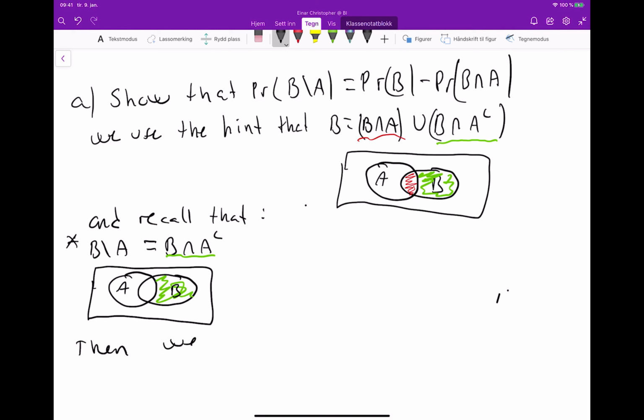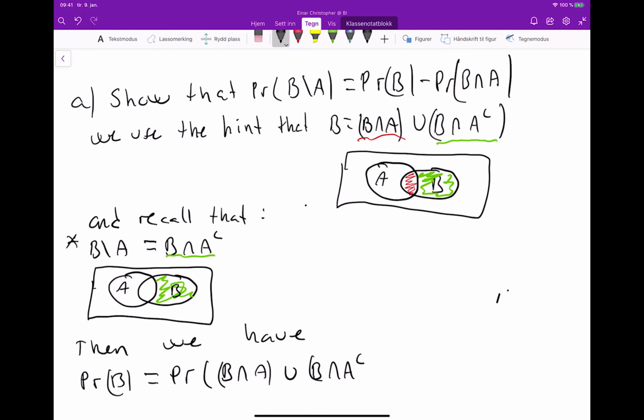Then we have the probability for B is equal, because of the hint, the probability of B and A union B and A complement.